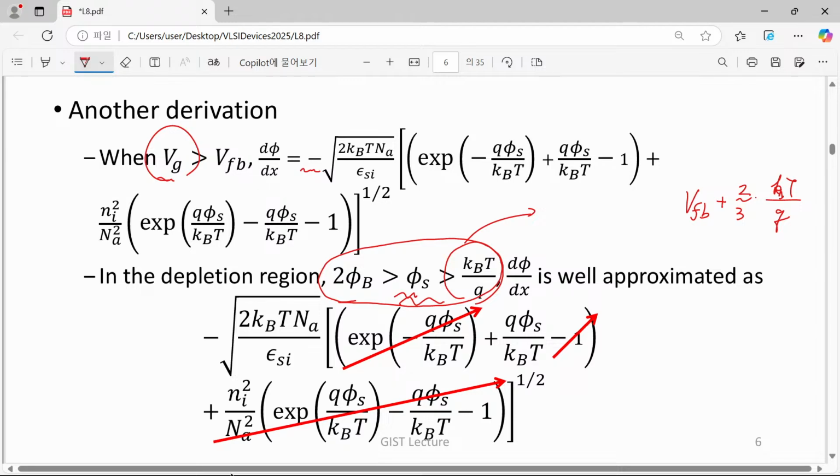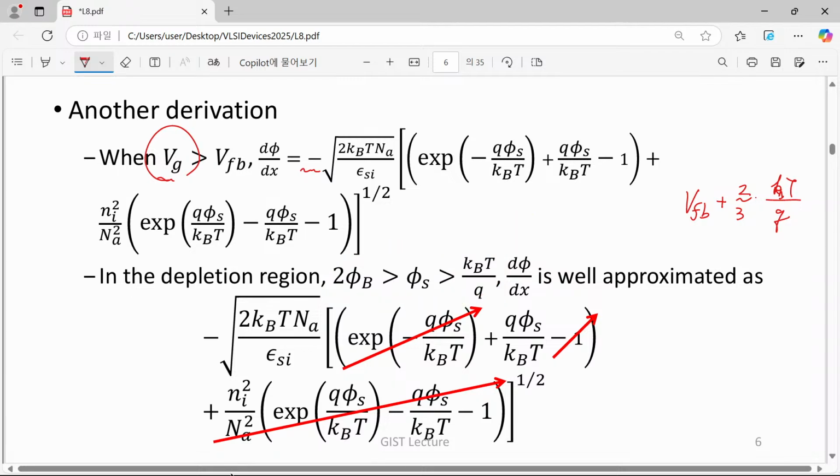I mean that since flat band voltage is around minus 1 volt, if we are talking about 0 volt or minus 0.1 volt, all kinds of our interested gate bias correspond to this condition. We can say that our surface potential is always higher than thermal voltage.